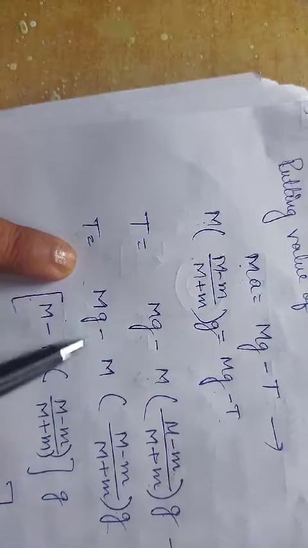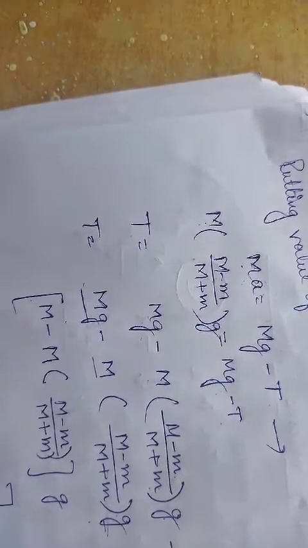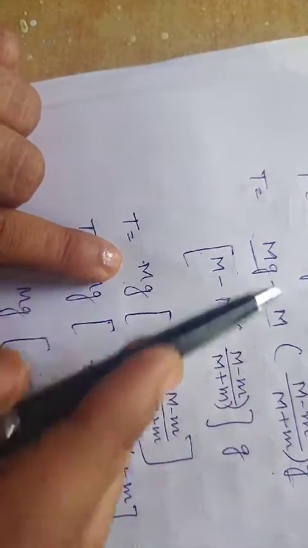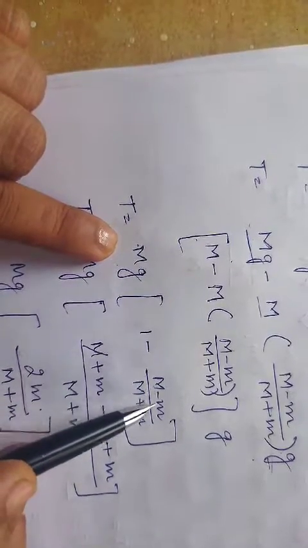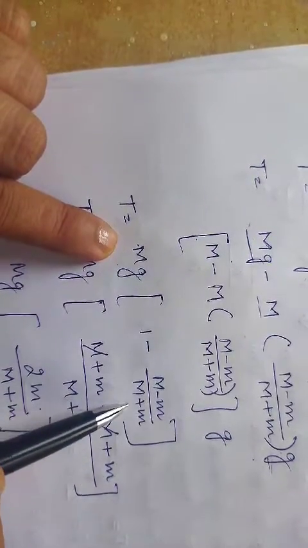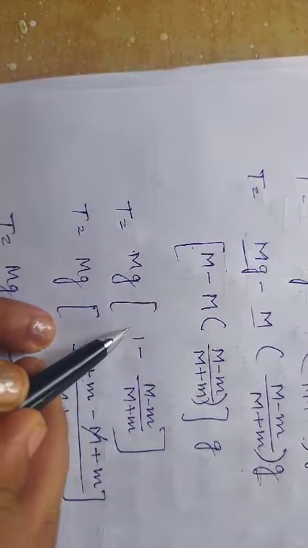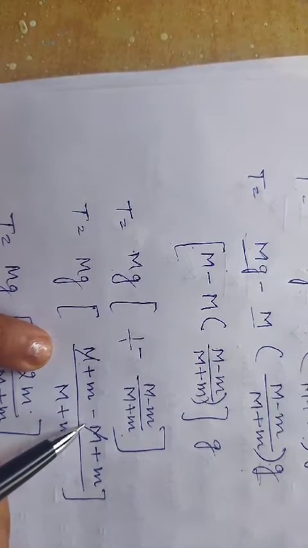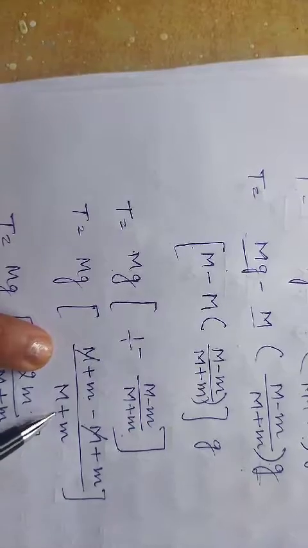So we can take Mg as common. Here T is equal to Mg common, so Mg into 1 minus (M minus m) upon (M plus m). Here M plus m is the LCM, so (M plus m minus M plus m) upon (M plus m).